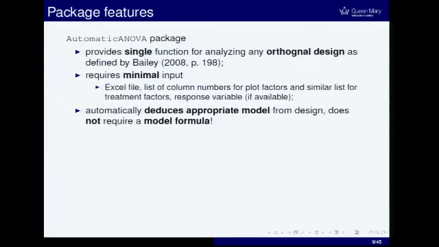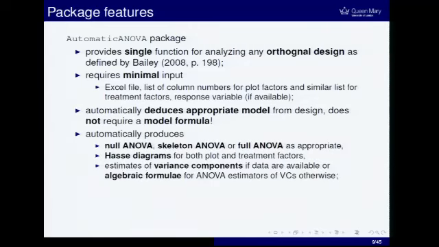And that may sound like magic. In particular, it does not require any sort of model formula. For instance, in GenStat, you have to define a formula for the treatment structure and the plot structure using, for instance, the crossing and nesting operators; something similar is not needed here.